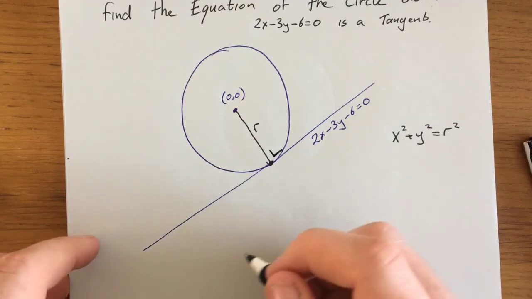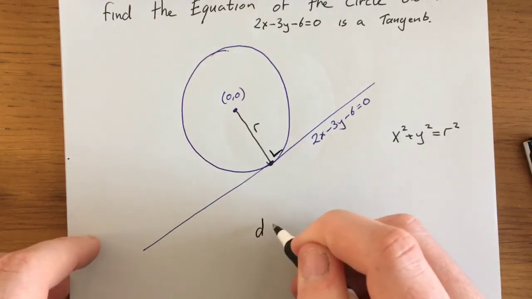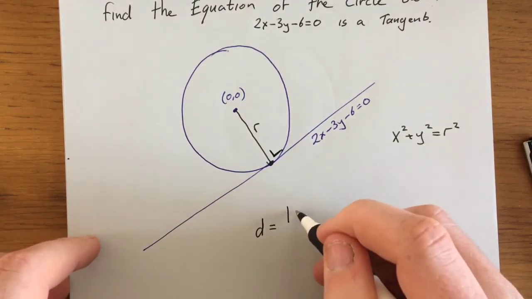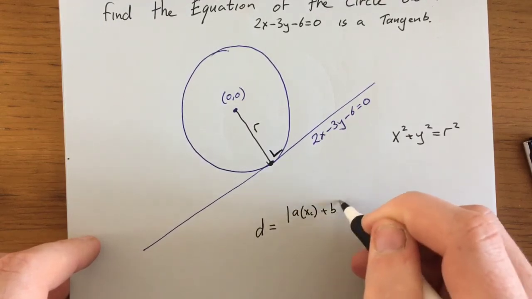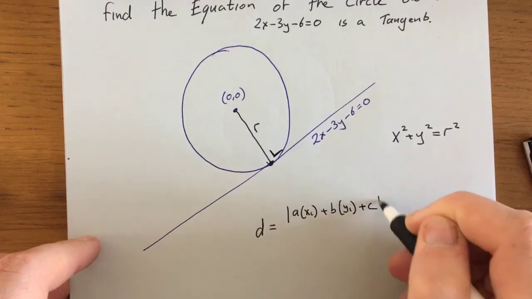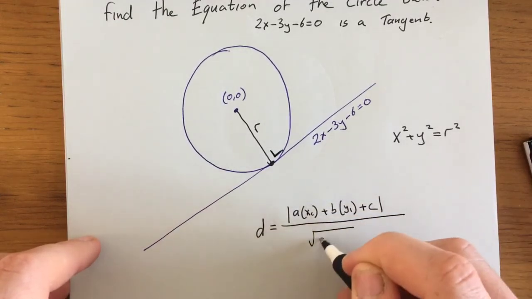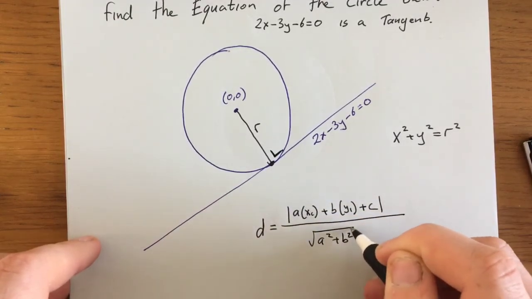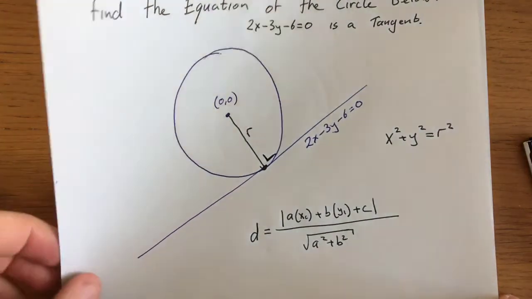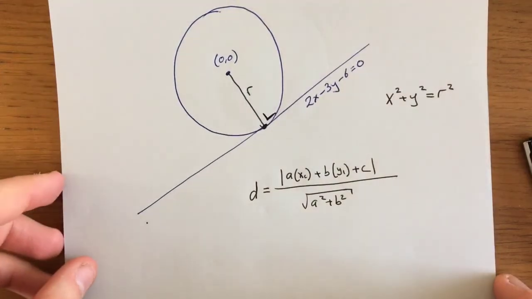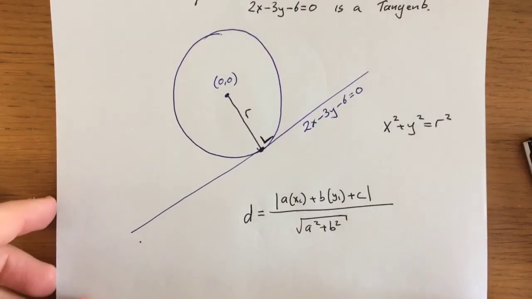The formula is the distance is equal to the absolute value of a by x1 plus b by y1 plus c, all over the square root of a squared plus b squared. That is the perpendicular distance from a point to a line, and we did cover that in the last video. So all I need to do now is just fill this in.